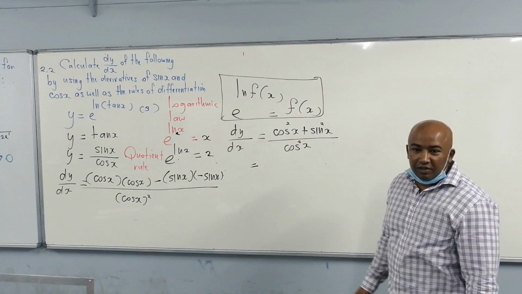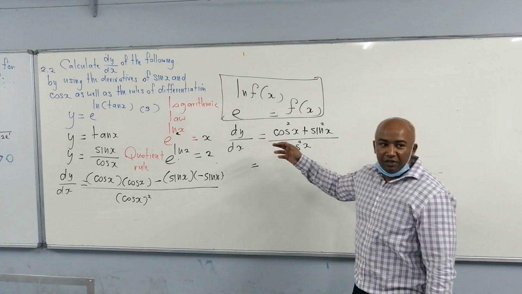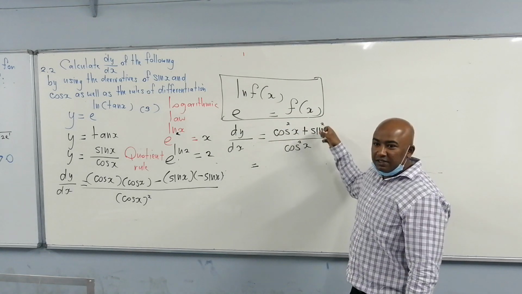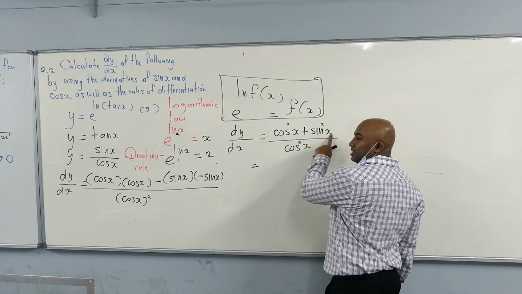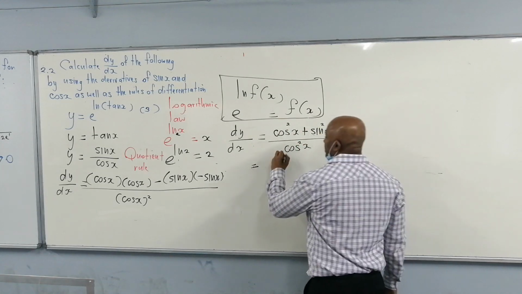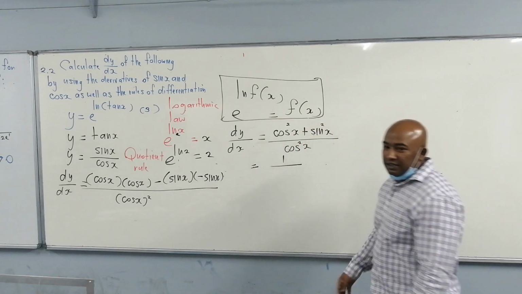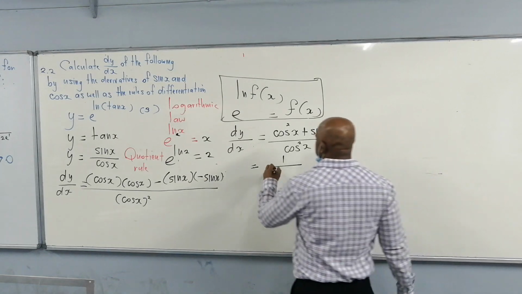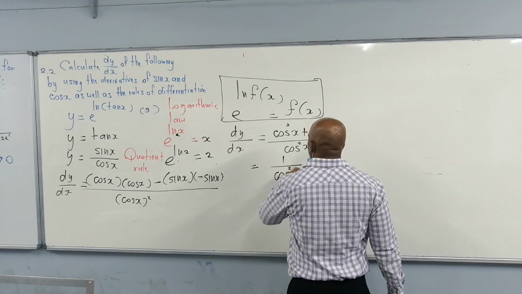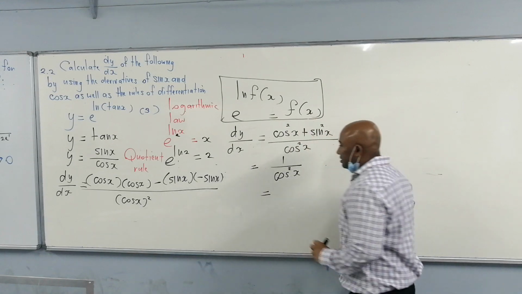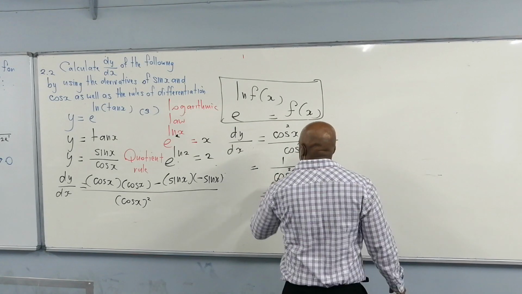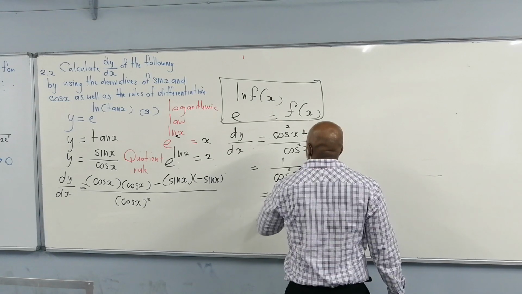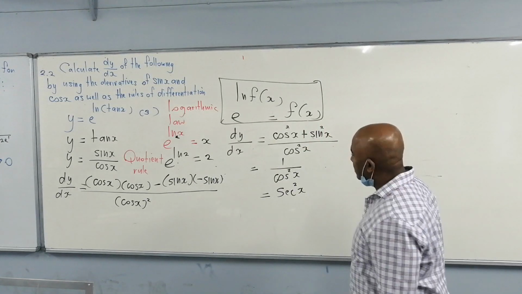Now, I don't think there's anyone that doesn't know this. Cos squared plus sine squared, your square identity, if the angles are the same, is equal to 1. So I got my 1 over cos squared, and 1 over cos is sec. So 1 over cos squared will be sec squared, and that's basically it.